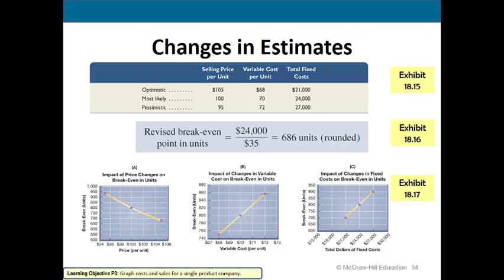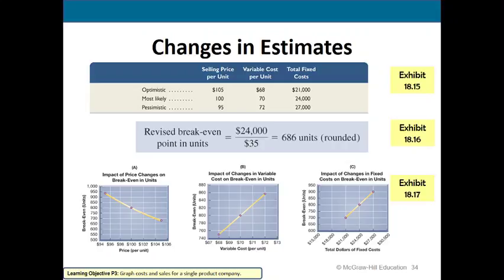And so here you can figure out what happens if you sell for, let's say, $105 per unit. You're going to stick with your most likely fixed cost of $24,000. So that's going to be your numerator.